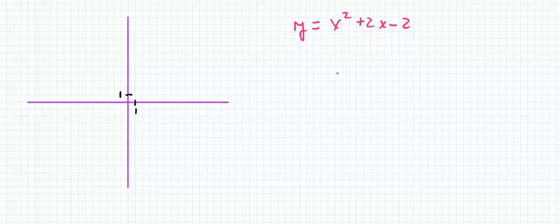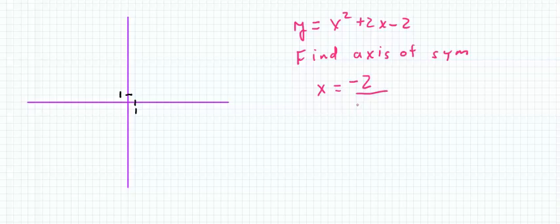First of all, here's our equation, y equals, notice it's not 0, it's y. We need to find the axis of symmetry. x equals the opposite of b, which is 2, over 2 times 1.